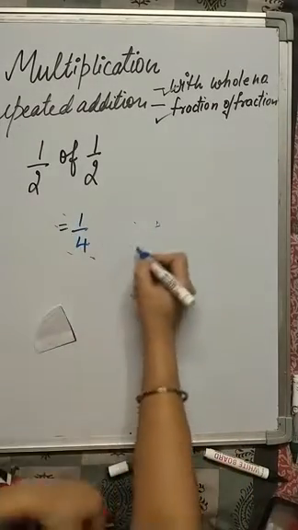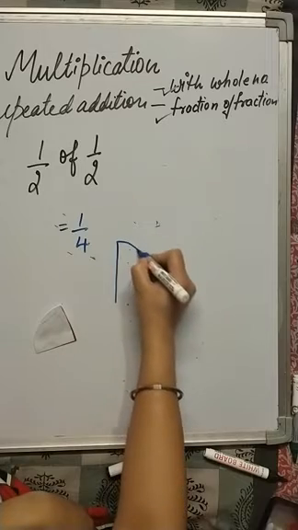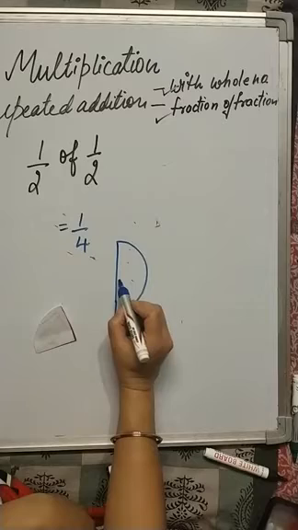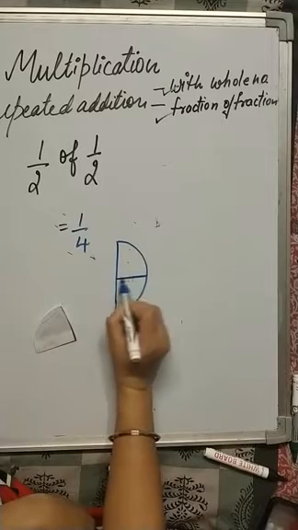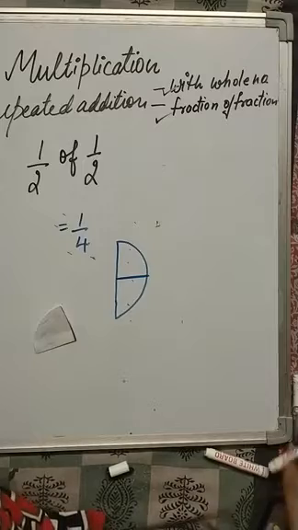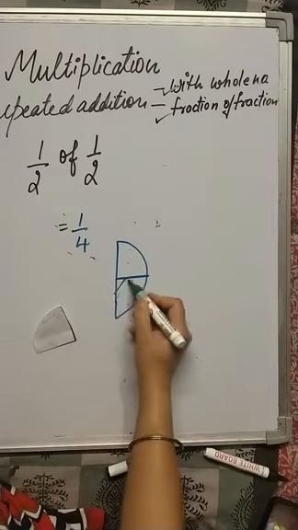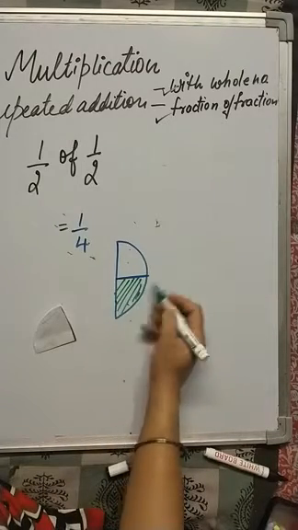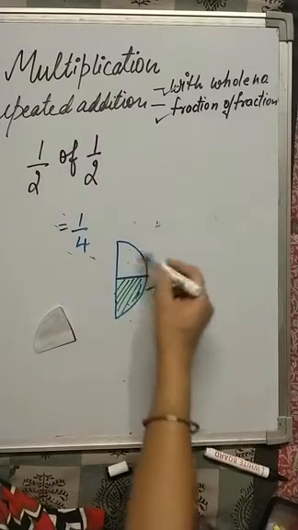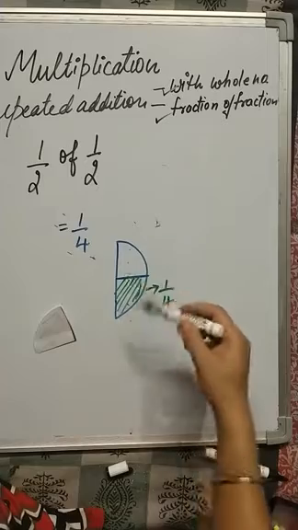Yes. So you had only half chapati, but you asked your mother, I want to eat only half of this half chapati. So what is the name of this piece size? 1/4. You had one half chapati.